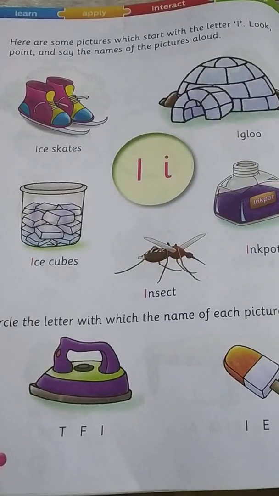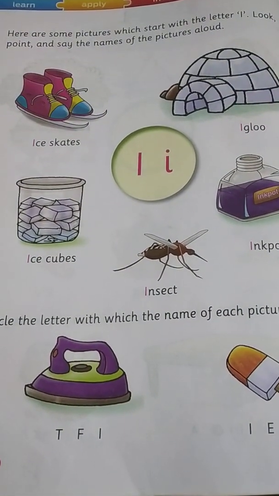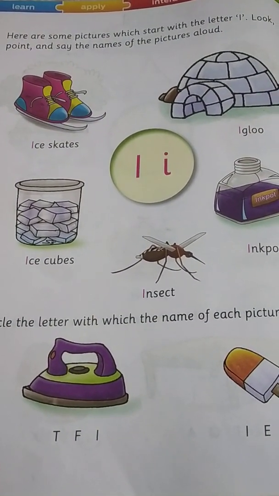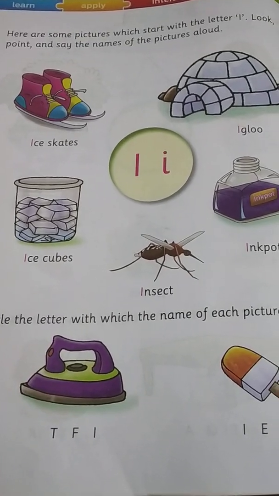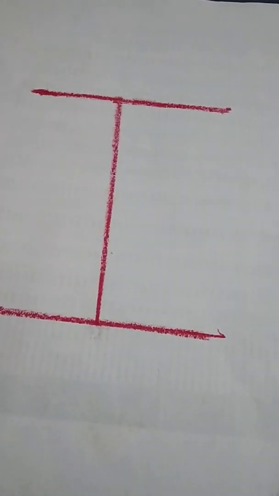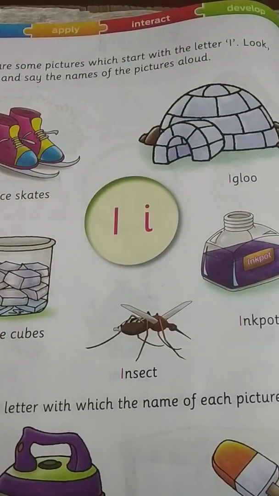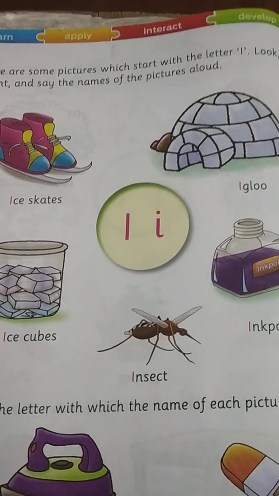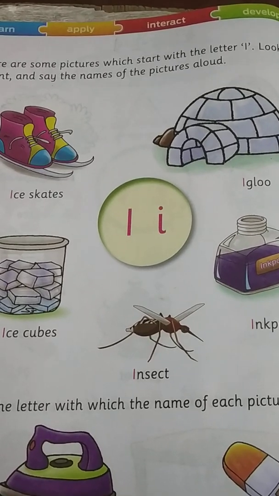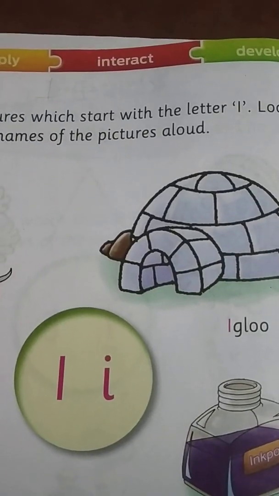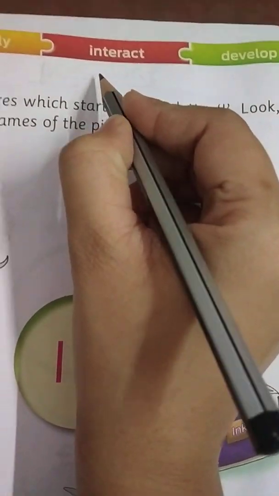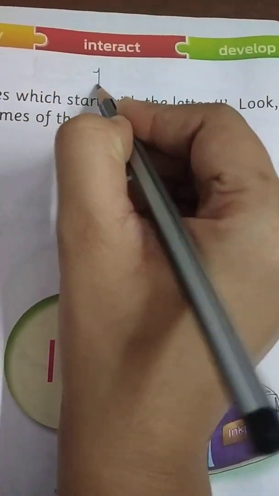Now open your book. As I have told you that today we are going to learn about letter I. Which letter? Letter I. But before beginning, first of all what we need to do? Yeah, exactly. First of all we will write the date on the top. So today is 1. So I am gonna write 1 on the top.